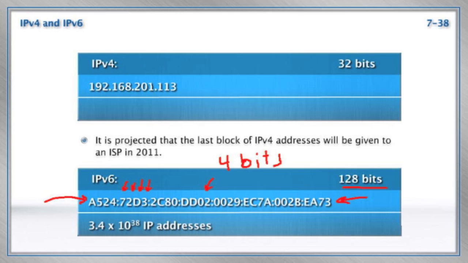So sure enough, what we have here is 8 fields. Let's count them: 1, 2, 3, 4, 5, 6, 7, 8. 8 fields, each with 4 characters representing 4 bits each. So we have 8 16-bit fields in the IPv6 address.